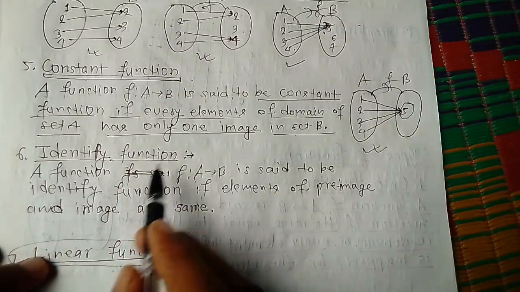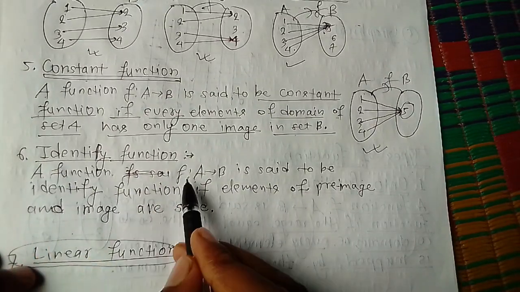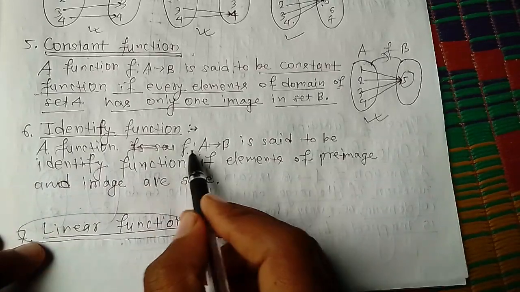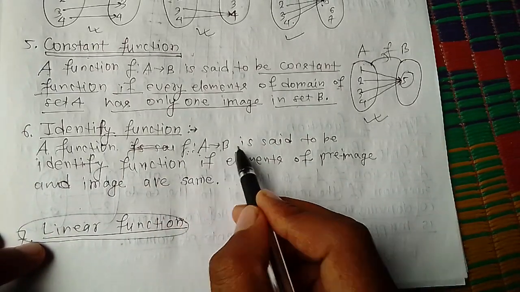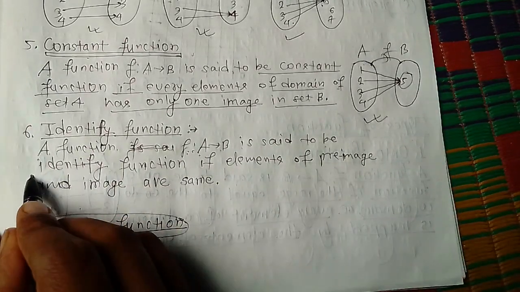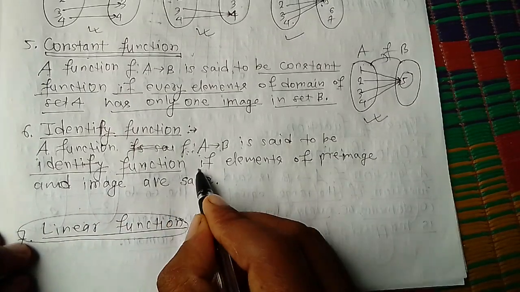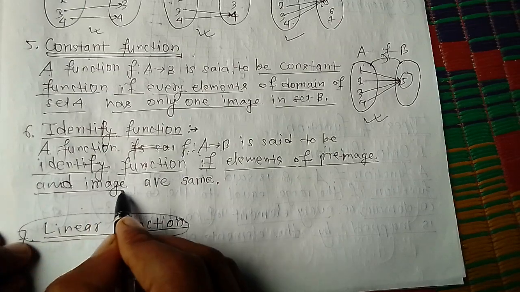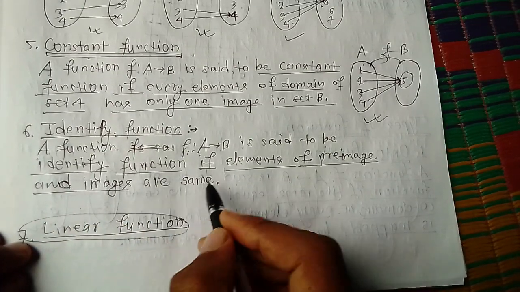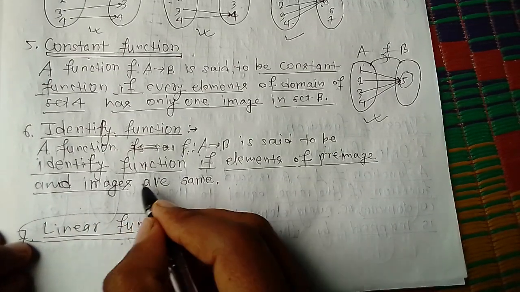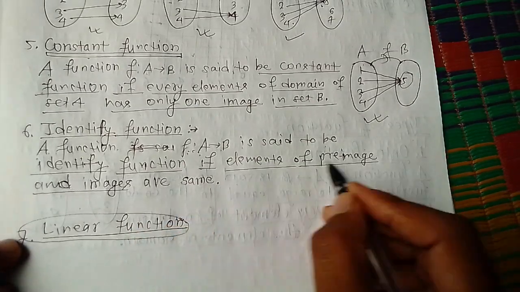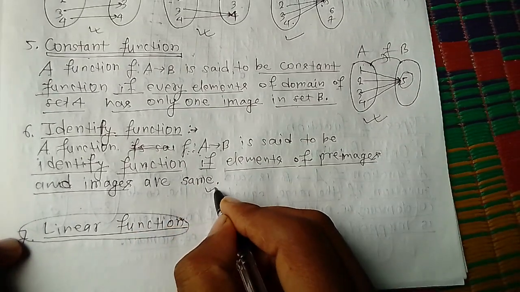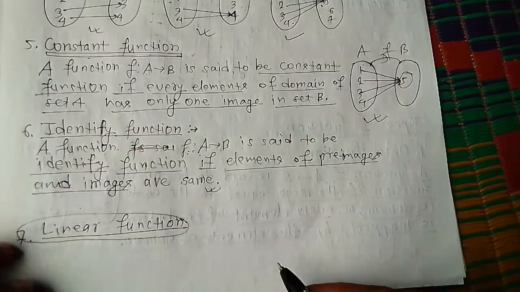What is an identity function? A function f from A to B is said to be an identity function if the elements of pre-image and image are the same.